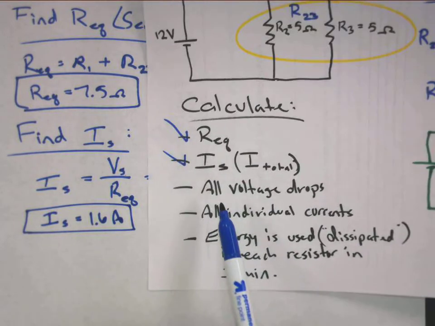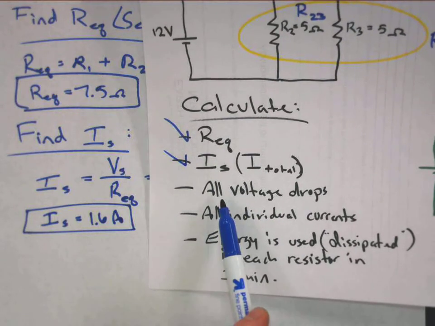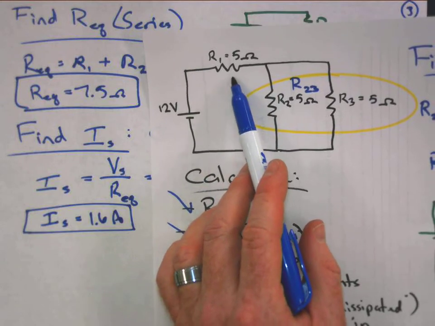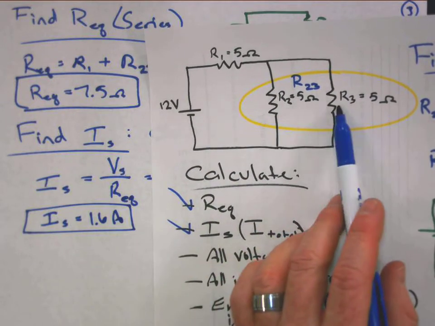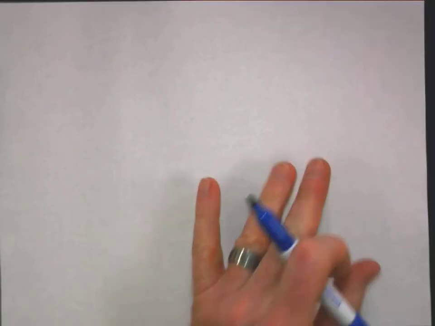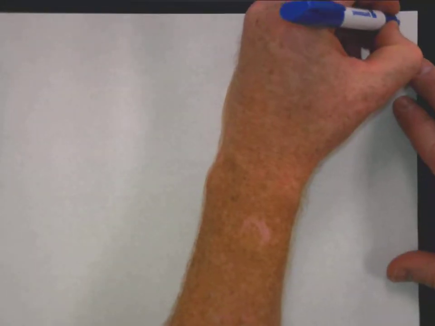Next on the list, I have to find the individual voltage drops of each resistor. How much does this resistor drop the voltage? How much does that one and that one? So here's what I have to do. I'm going to go with some new paper here just for the space. Okay.